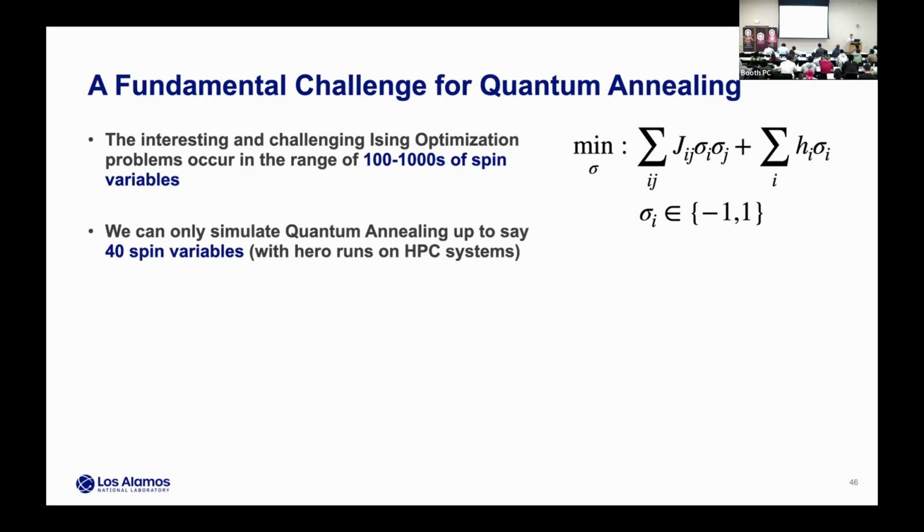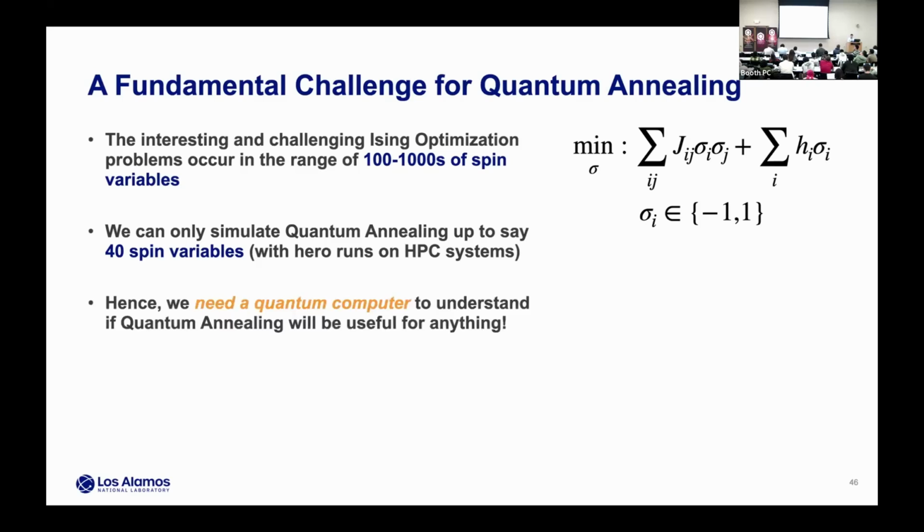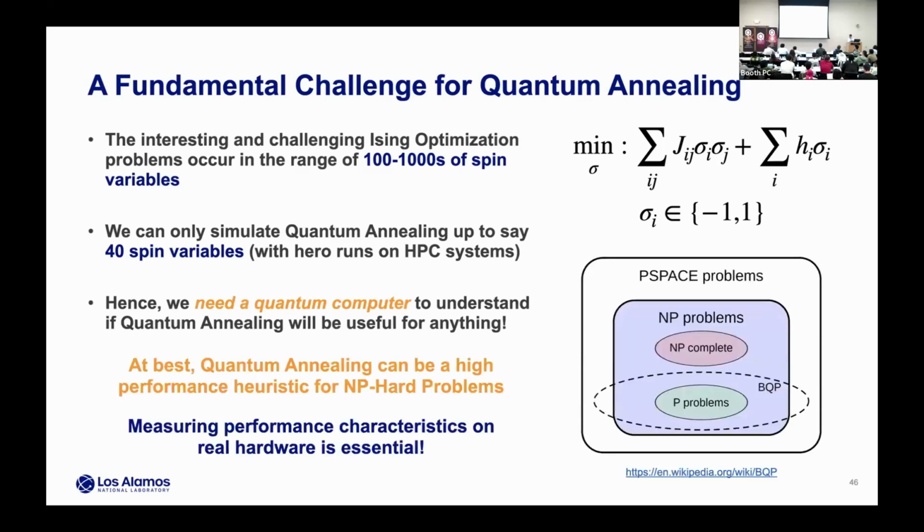But we can only simulate this quantum annealing algorithm for, say, 40 spin variables with hero runs on large HPC systems, which isn't big enough to access the interesting problems. So the only way to study this algorithm is to have a real quantum computer and then check, on real problem instances, is it producing something useful? Fortunately, people built such quantum computers, so we can study it. But otherwise, we would be out of luck.